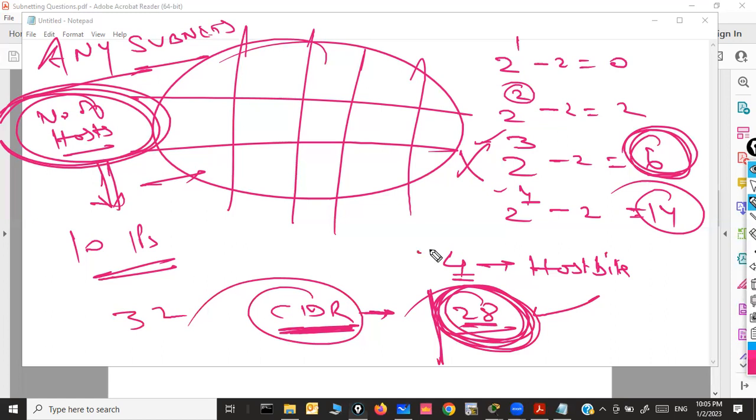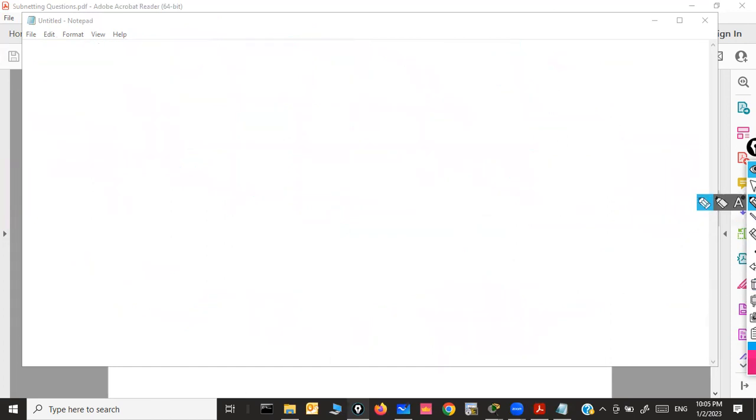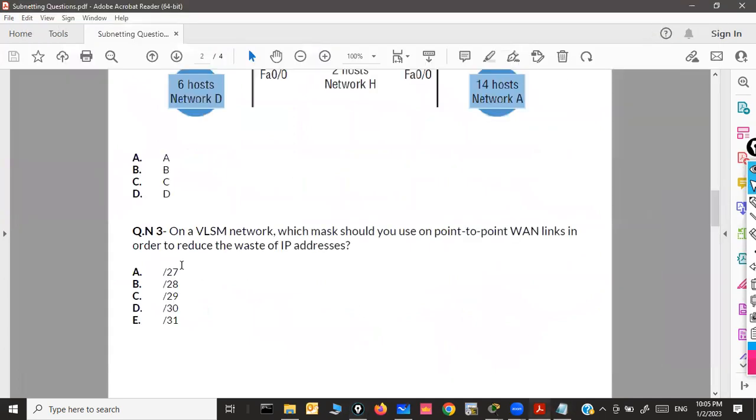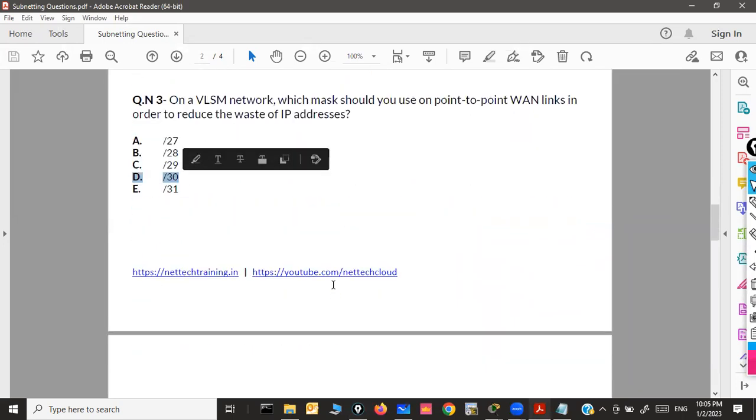And after adding the host bits, the result should be exactly 32. So if 4 bits are reserved for host, then definitely 28 network bits. So that's the way computation is done. Now let me go back to this question again. So yes, this way the answer is definitely D, which means slash 30.